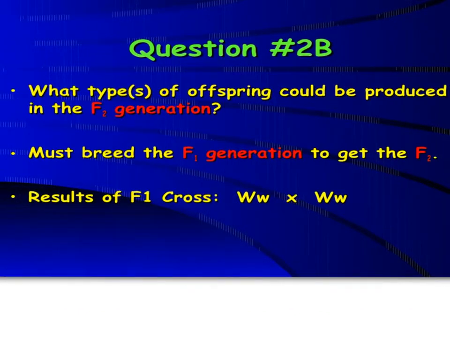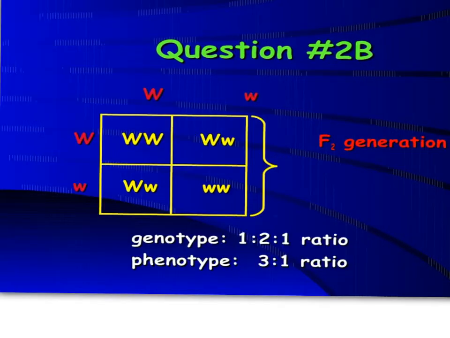That's exactly what this problem does. It asks what type of offspring could be produced in the F2 generation. So we're going to take our F1s, which were big W, little w, and cross these to see what the next generation of offspring look like.